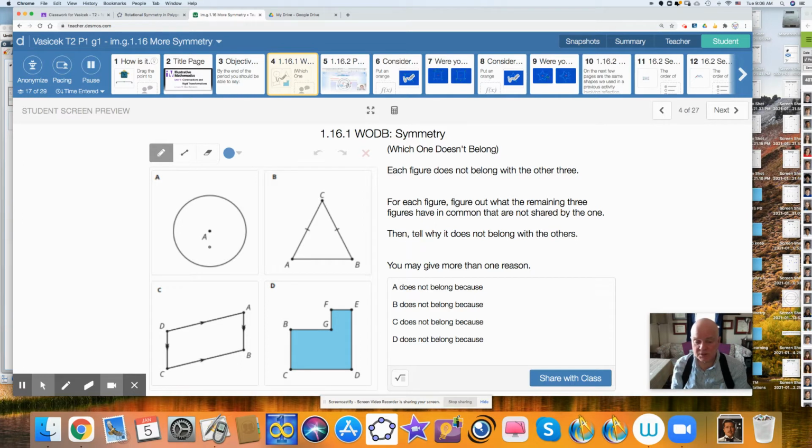Since it's the only one with one line of reflection symmetry, that would be a valid comment. You could say D has no rotational symmetry or no reflection symmetry, but neither does C. C is a general parallelogram, and it doesn't either. So we try to see these things.